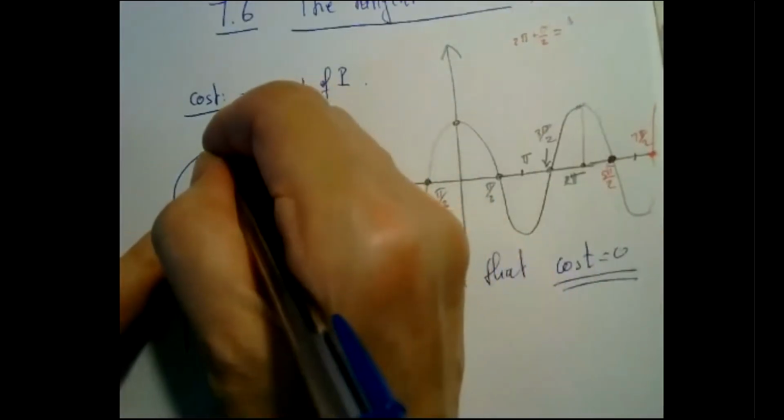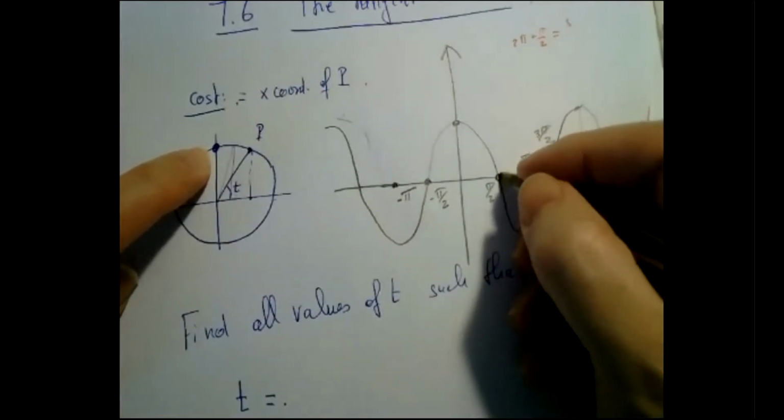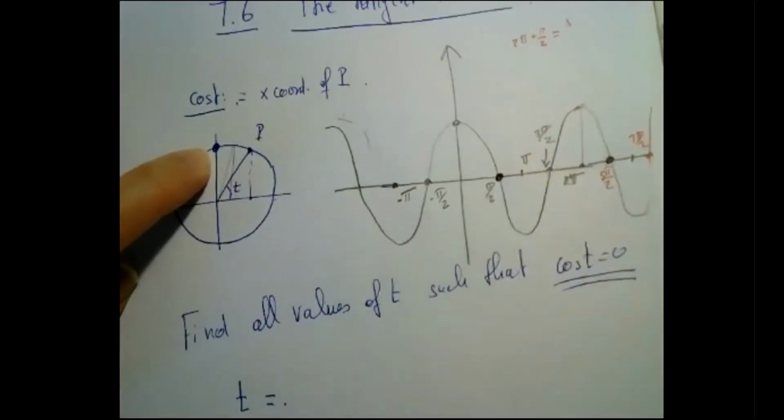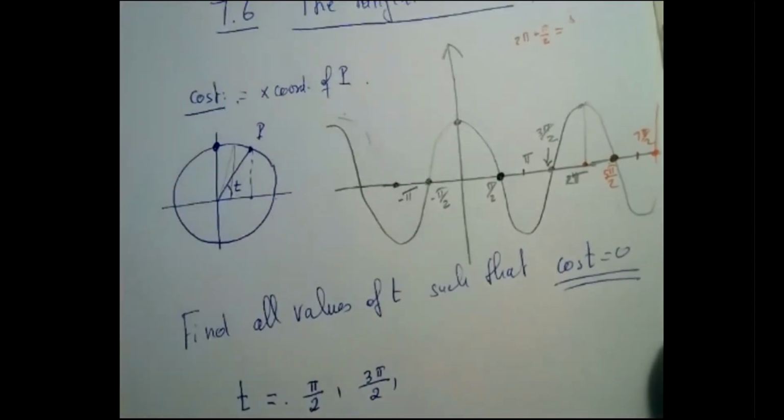The students are telling me at pi over 2, because the x-coordinate is 0, or from the graph, because once you memorize the graph, you can start answering those questions as well. So at pi over 2, also 3 pi over 2. Are those the only values where the cosine takes the value 0, or are there more of them?